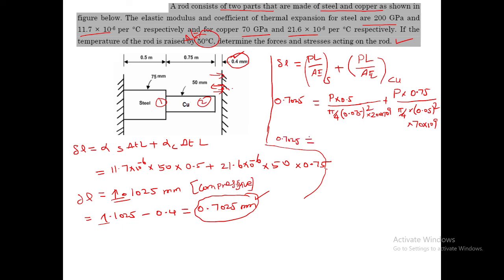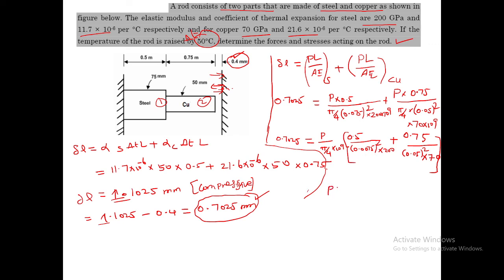So 0.7025 equals P divided by (π/4) × 10^9, which is common, times 0.5 divided by 0.075 squared times 200, plus 0.75 divided by 0.05 squared times 70.